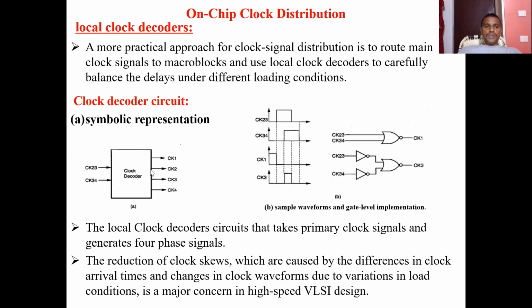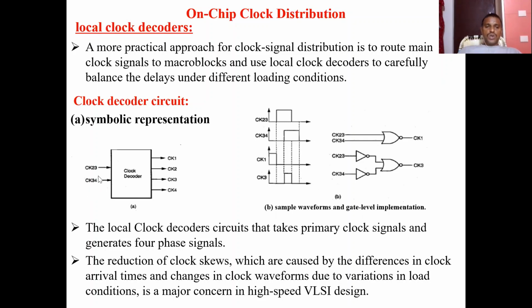The symbolic representation, as I told, is that if you give the two input clock signals, the clock decoder will provide us 4 clock signals. Similarly here, the symbolic representation of this locally generated clock decoder is this one. The local clock decoder circuit takes the primary clock signals and generates 4 phase signals.